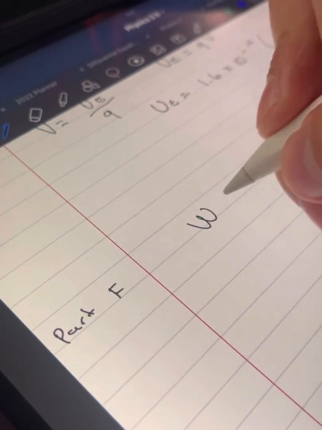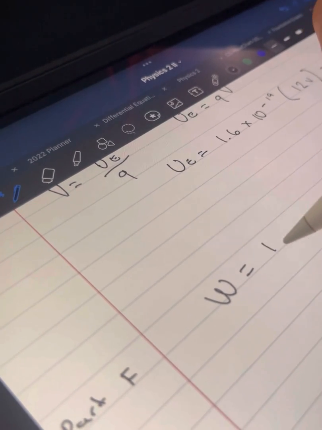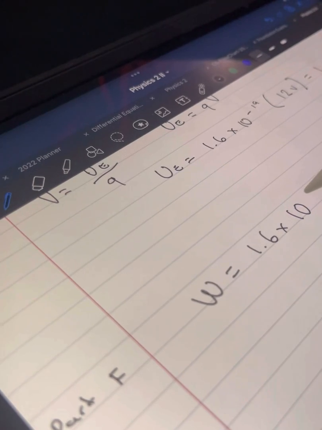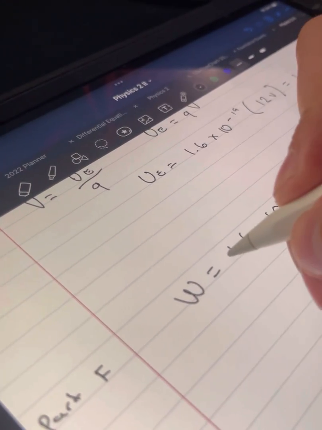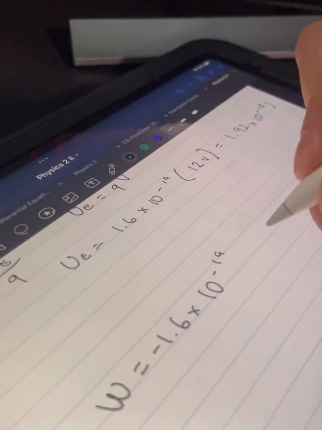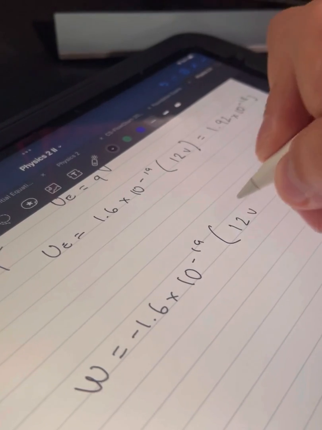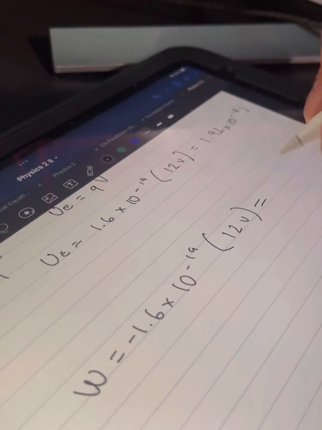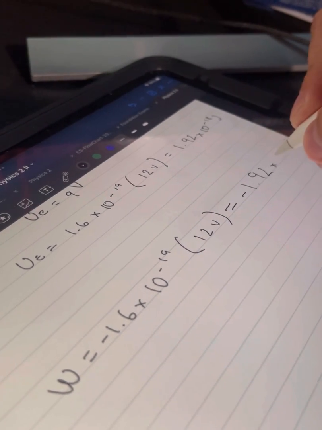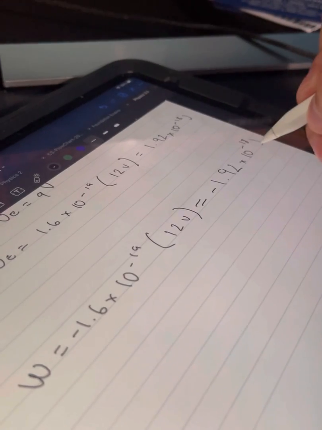The work is going to equal the charge, which is 1.6 times 10 to the negative 19, and this is a negative charge, that's for the actual work that the charge is doing, times the voltage, which is 12, and this will equal negative 1.92 times 10 to the negative 18 joules.